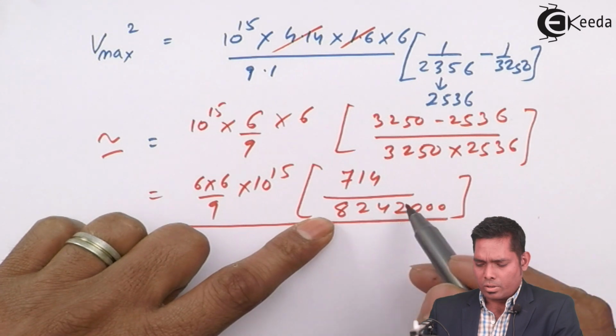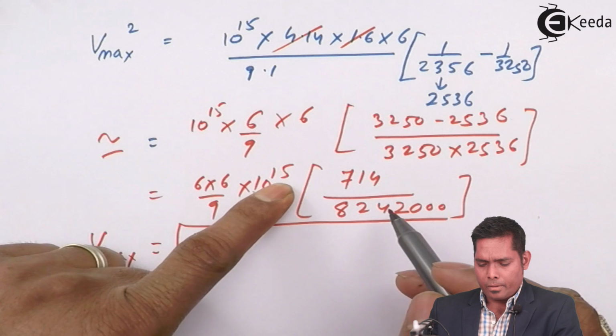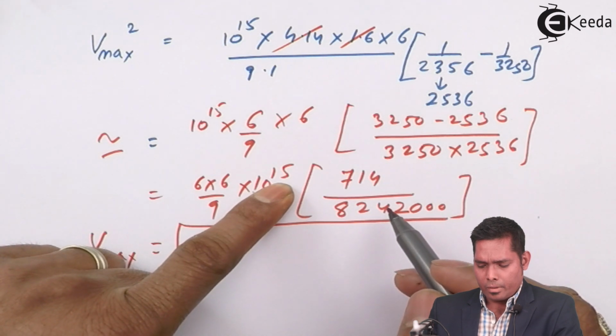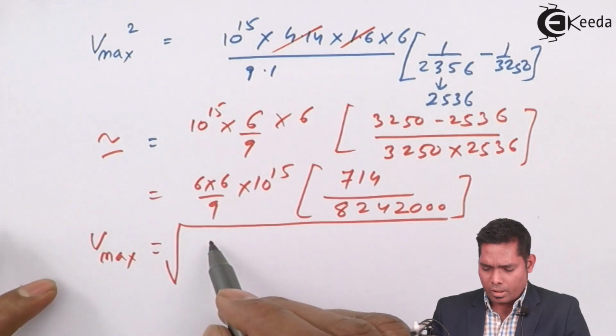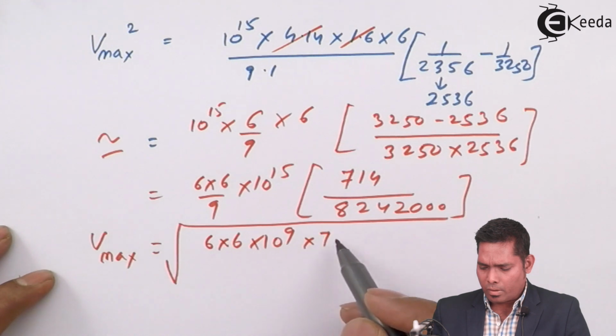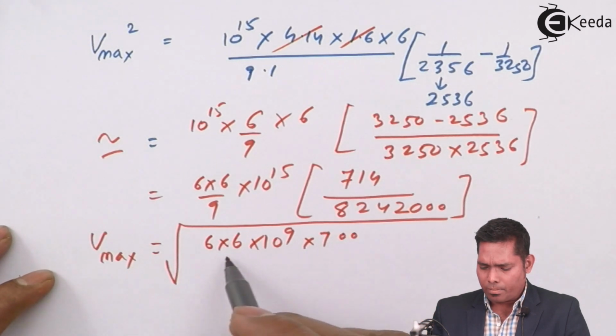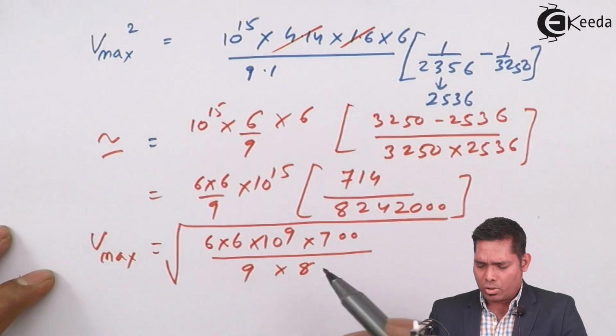So 8 × 10 raised to 6. This will become 9. Then I'll put it here 6 × 10 raised to 9 into 7. I'll take 700, no problem. Divided by 9 approximately, and this is your 8.